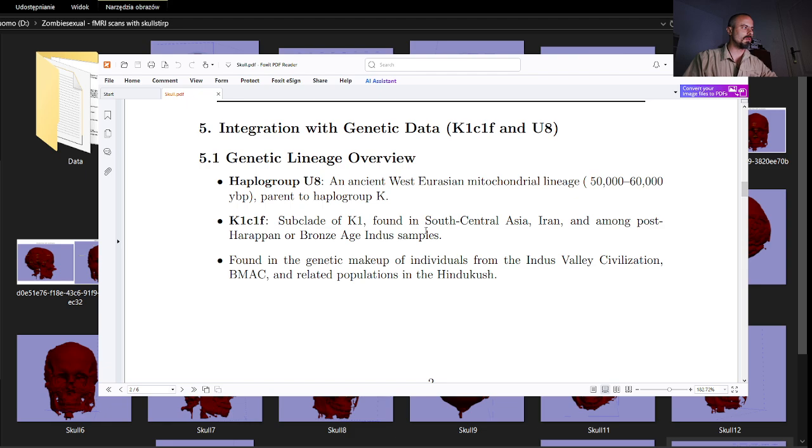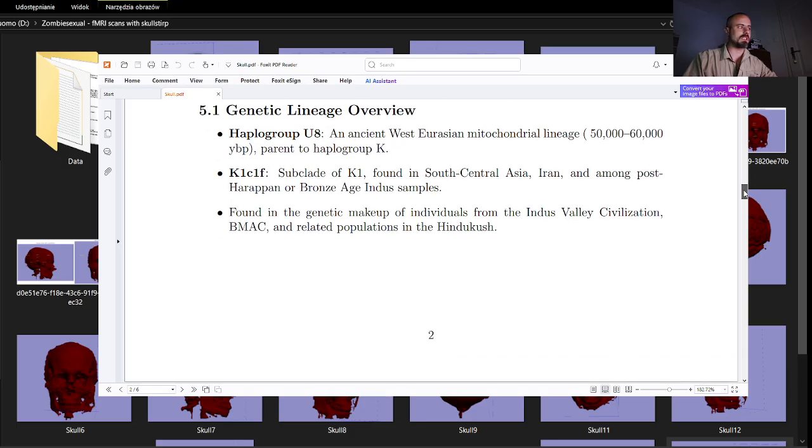For K1C1F, with all the mutations, I have most genetic relatives from the matrilineal lineage in Finland and in Germany. It is found in South Central Asia, Iran, and post-Harappan or Bronze Age Indus samples, as well as individuals from the Indus Valley Civilization and related populations in the Hindu Kush.